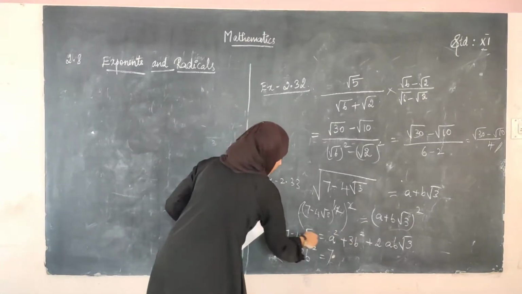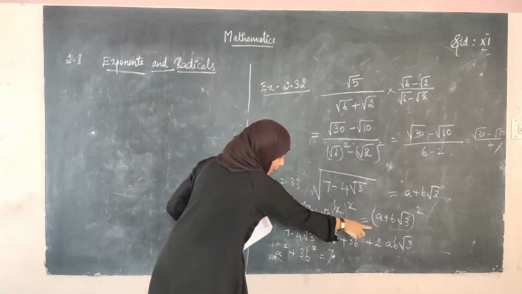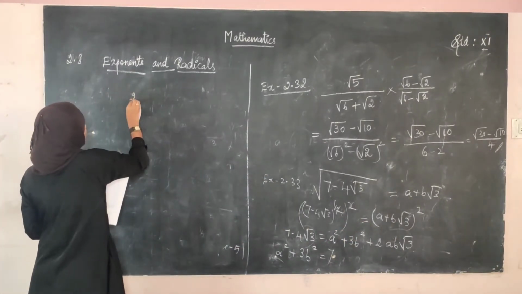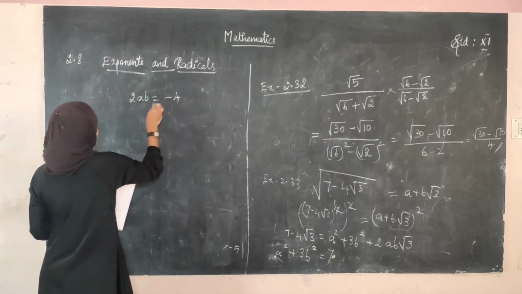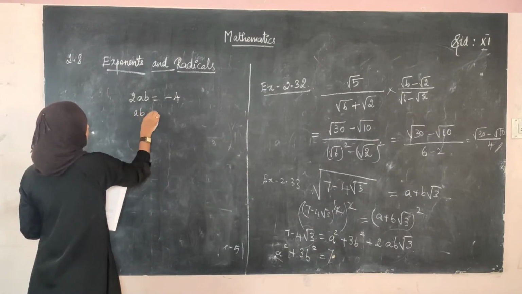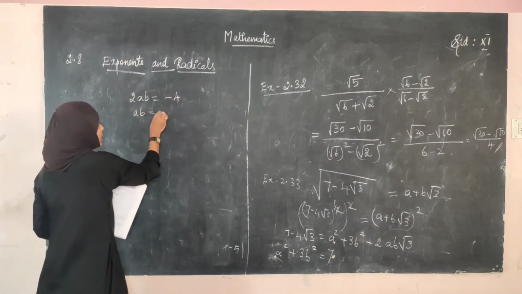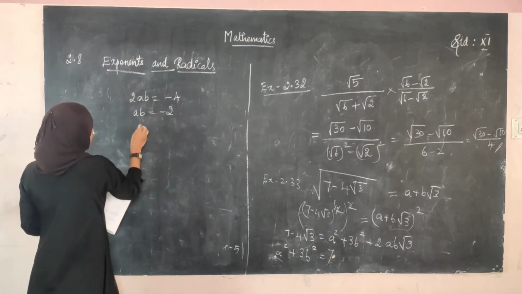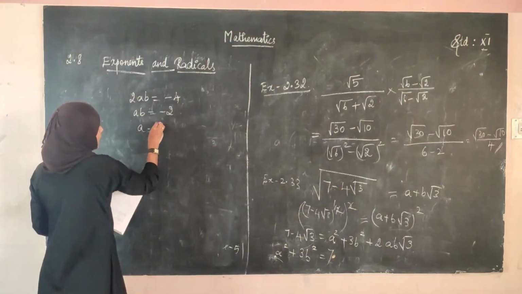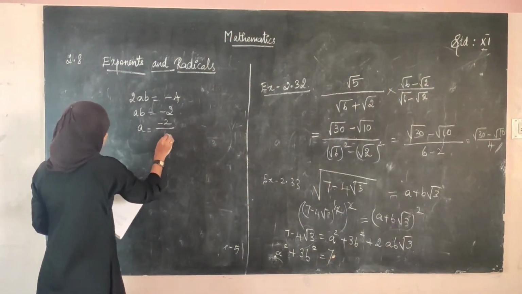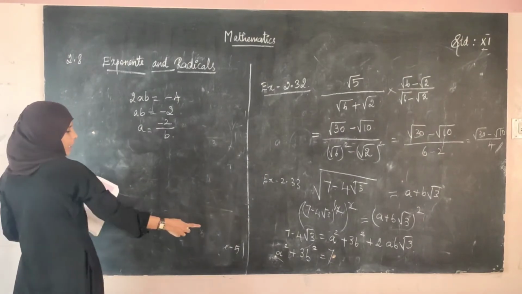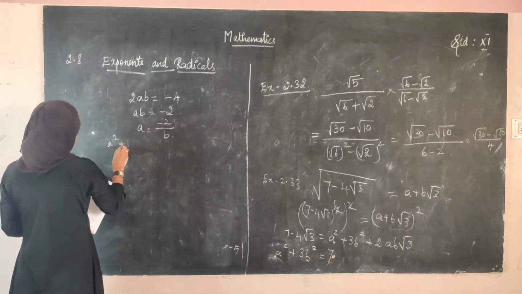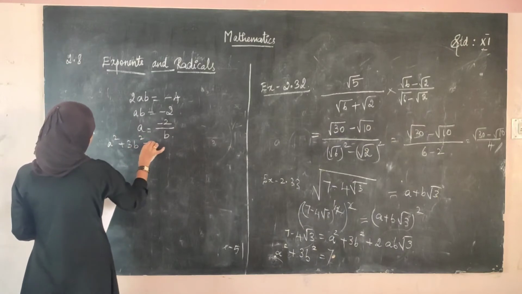And in this term, see here also we have root 3, there also we have root 3. Therefore, 2 into ab will be equal to minus 4. So ab will be equal to minus 4 divided by 2, that is minus 2. A is equal to, bringing this b this side, minus 2 divided by b. Okay, so already what we are having is a square plus 3b square is equal to 7.